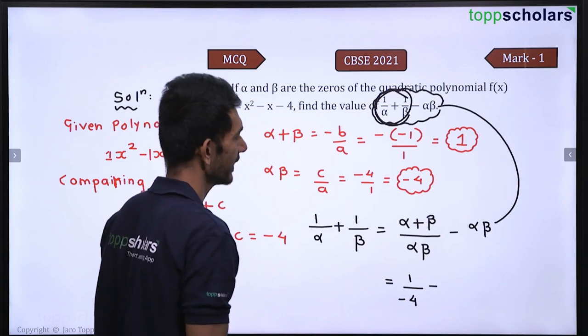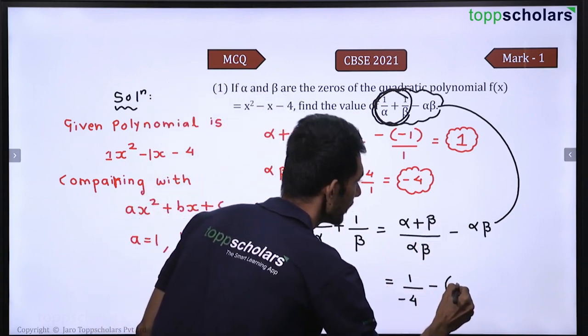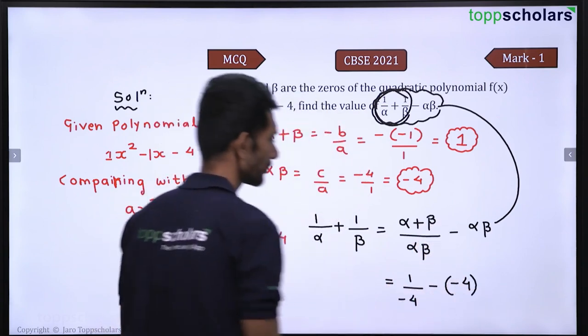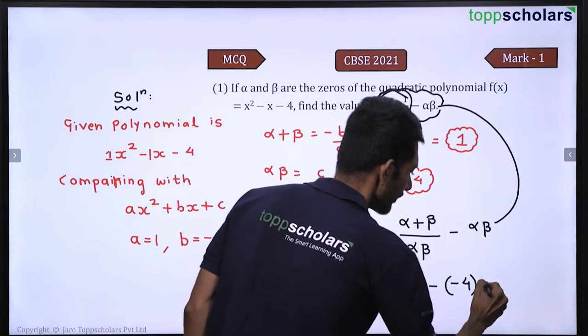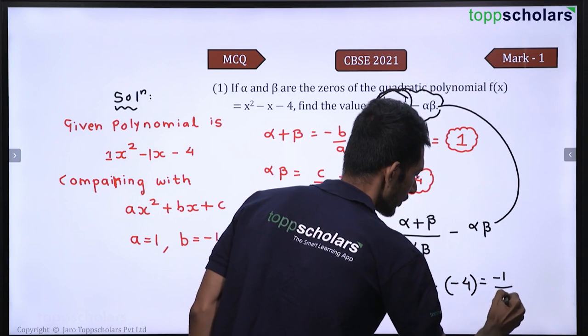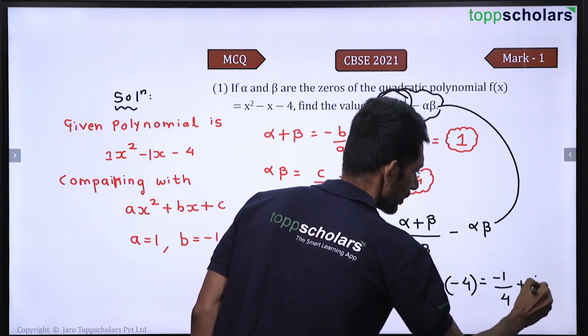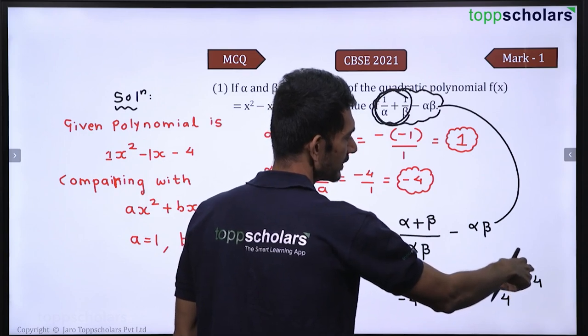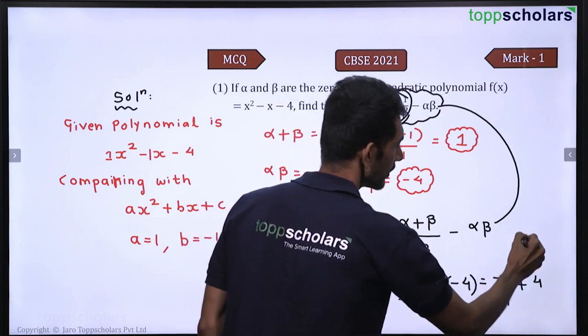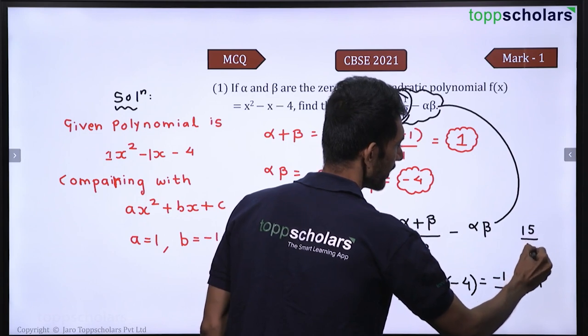Then I have a minus sign. Then again I have alpha beta, which is minus 4. So can I say this becomes minus 1 by 4 plus 4. Now if you take the LCM, 4 4 is 16. 16 minus 1 is 15. So can I say this becomes 15 by 4?